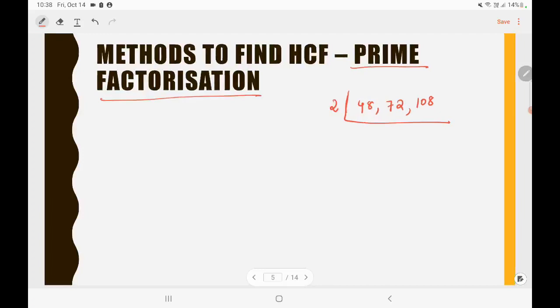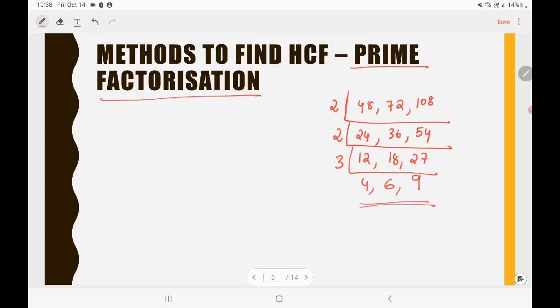So you take 2, then 48 divided by 2 is 24, you get 36 here, and you get 54 here. Then again 2 is a common factor, so take 2, that means 12, 18 and 27. In 12, 18 and 27, 3 is a common factor, right? So take 3, that means 4, 6 and 9. In 4, 6 and 9 there are no common factors, right? So you can stop the calculation here.